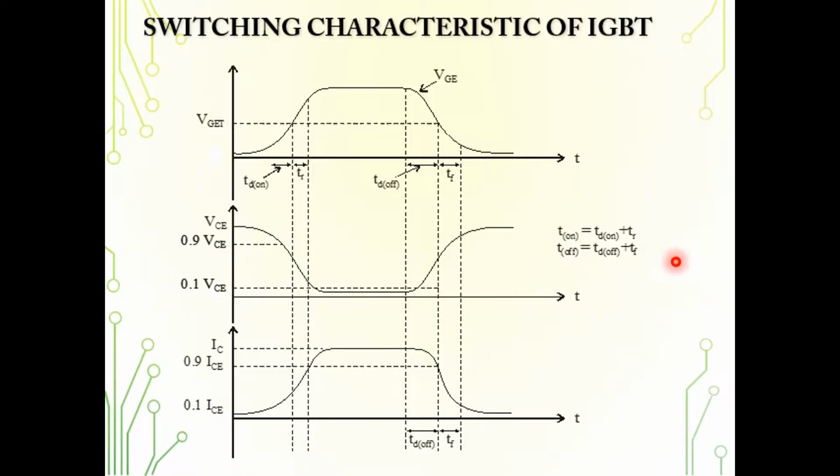And next is the switching characteristics of IGBT. So when you apply the gate voltage, as I have already mentioned, it is a voltage control device. If we apply the input voltage at the gate, obviously the gate emitter voltage increases. As your gate emitter voltage increases, the collector current will also increase.